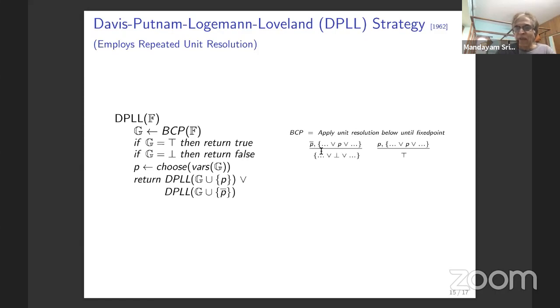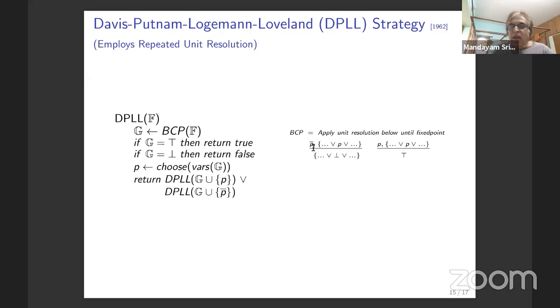A unit resolution is one where one of the clauses is a unit clause. It has two forms. If you have a unit clause which has a literal with opposing polarity to a literal in another clause, that's when you can apply resolution, and that becomes bottom.